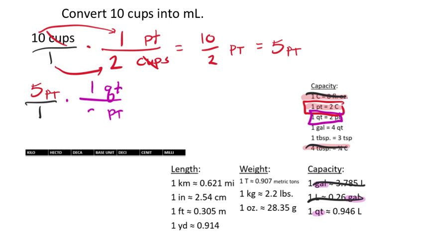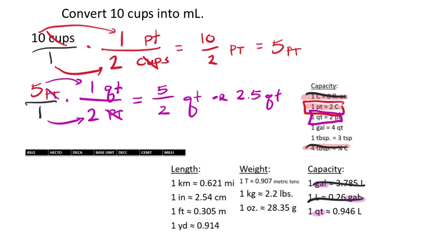It says 1 quart is 2 pints. So this will cancel out the pints and change this into quarts. Now you can keep the fraction on this one. I'll show both the fraction and the decimal value for this one, but in the numerator, we have 5 times 1, which is 5. In the denominator, I've got 1 times 2, which is 2. So 5 halves would work, or if you'd like, 2.5 quarts as well.